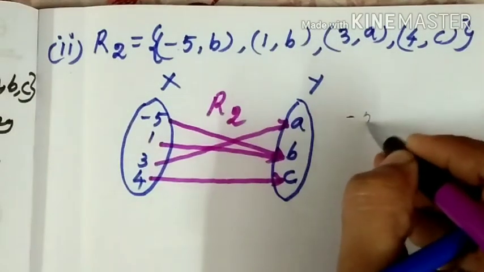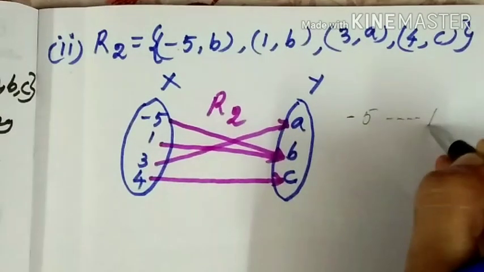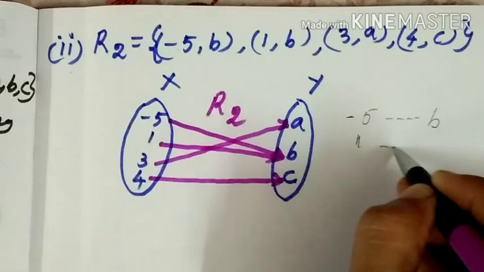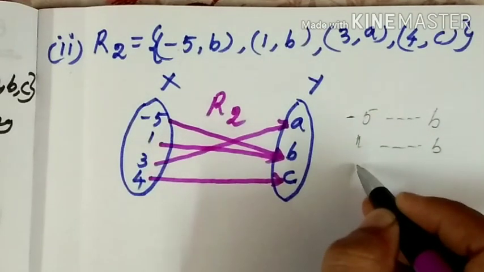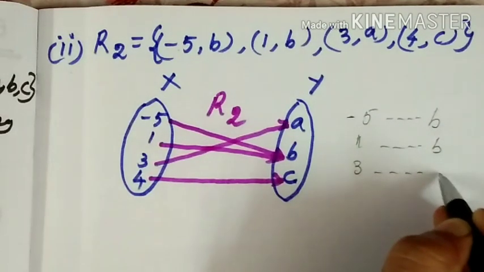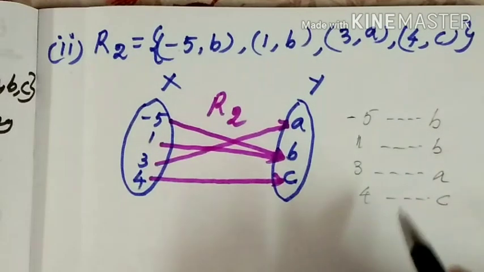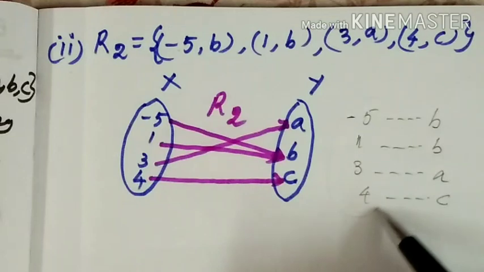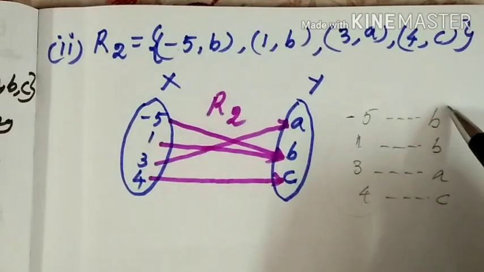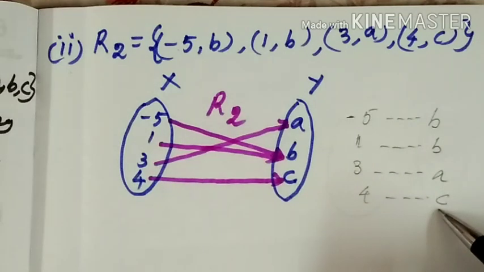All the elements of set X are associated with only one element of set Y. So it is a function.